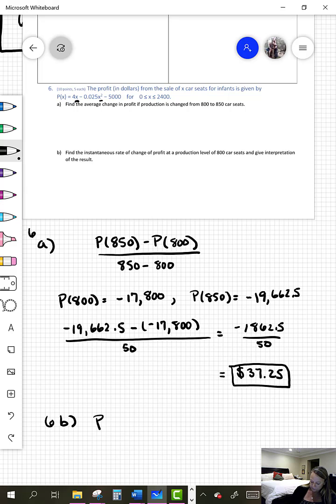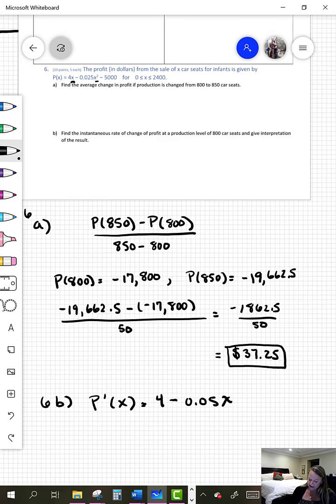P prime of x is equal to the derivative of 4x, which is 4, minus the derivative of 0.025x squared, which is 2 times that, giving us minus 0.05x. And then the derivative of 5,000 gives us 0.